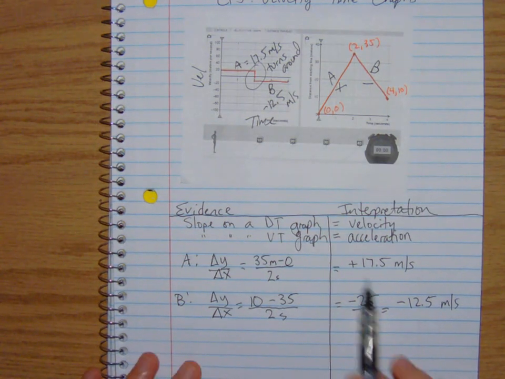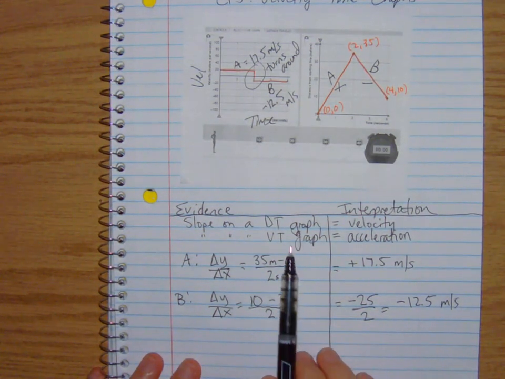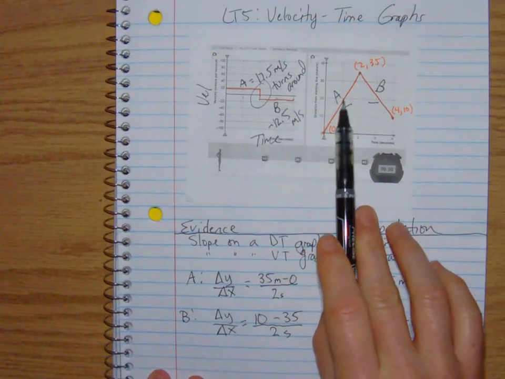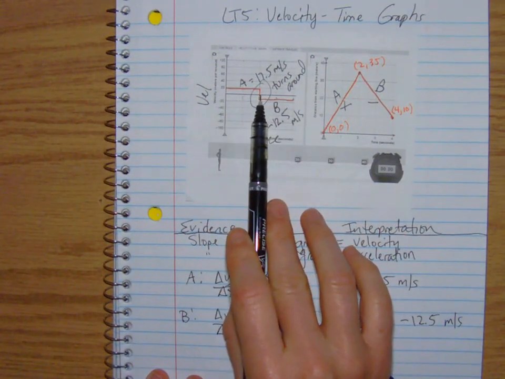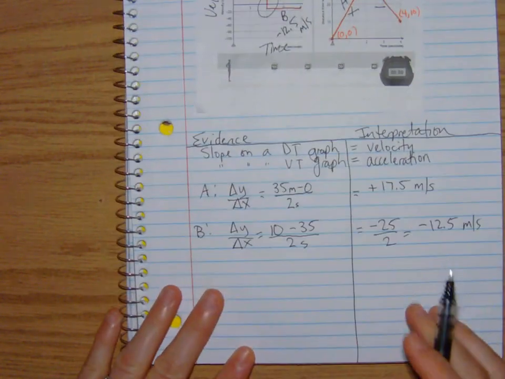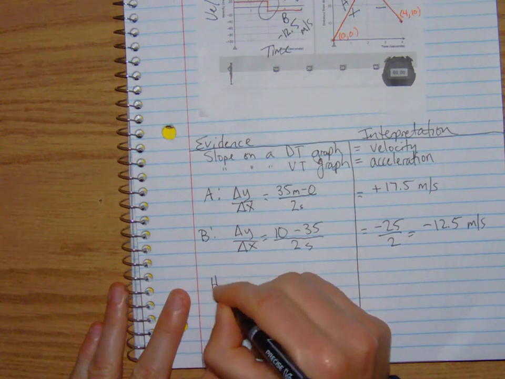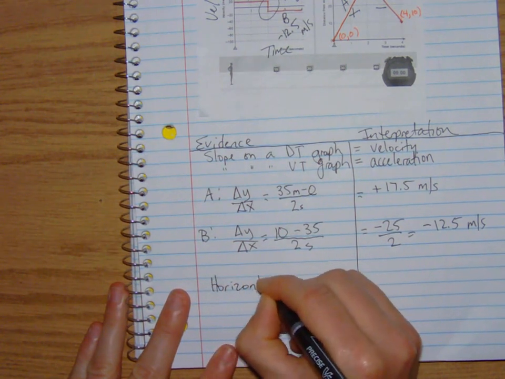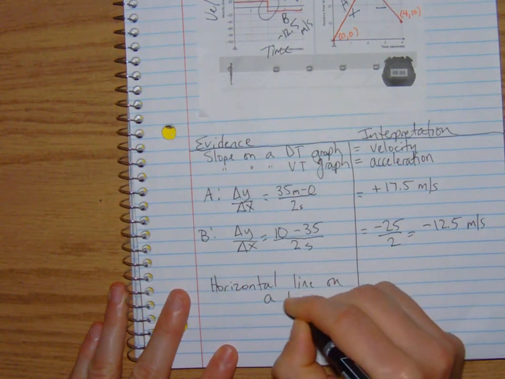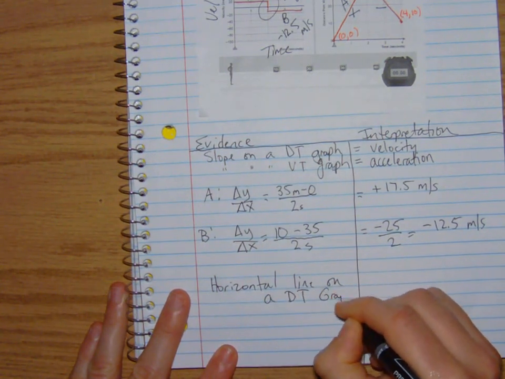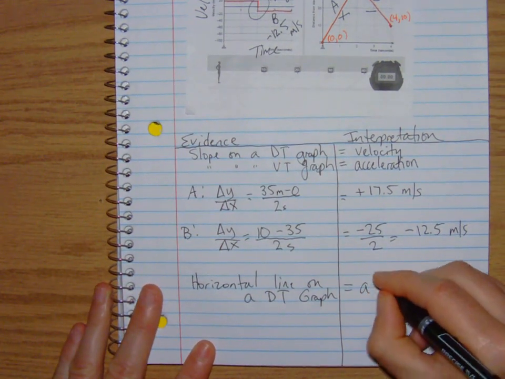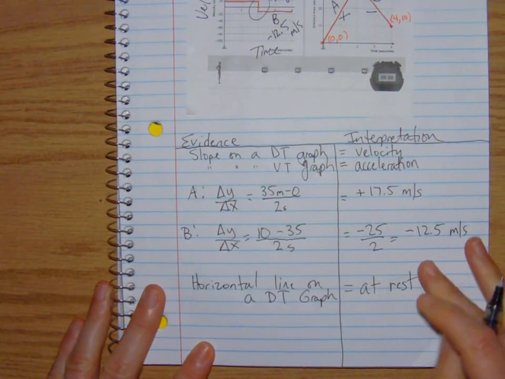All right, so real quick, slope on a position time graph is the velocity. That gets transferred onto a velocity time graph. So now, why are these horizontal? On a distance time graph, hopefully we would remember that a horizontal line means that person, that object, whatever it is, is at rest.